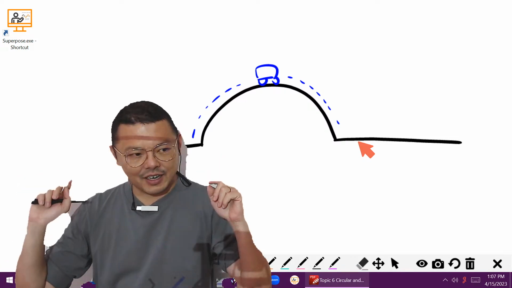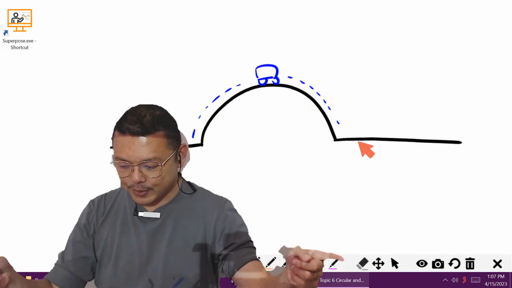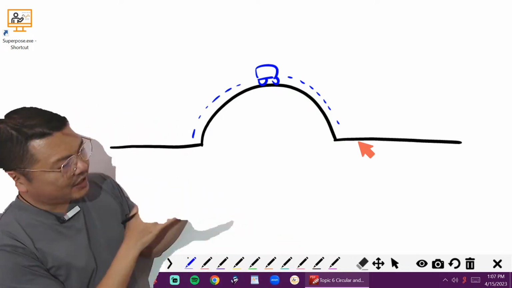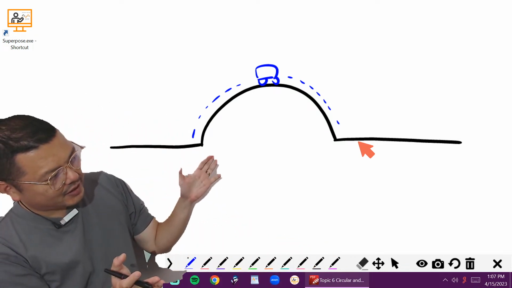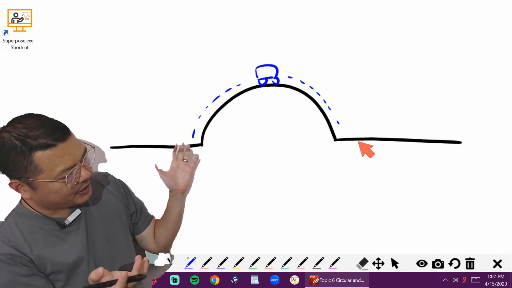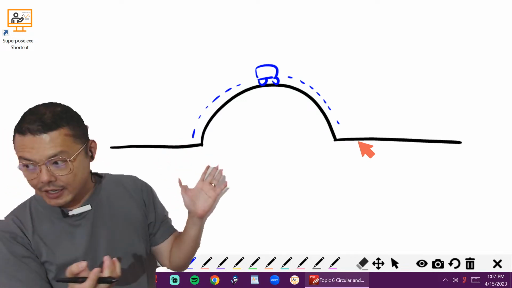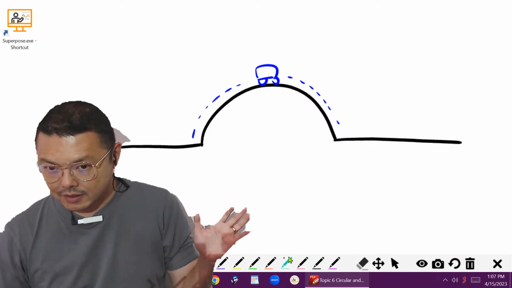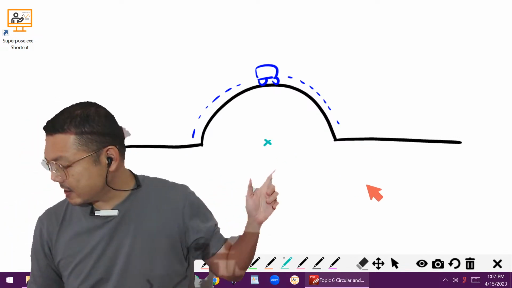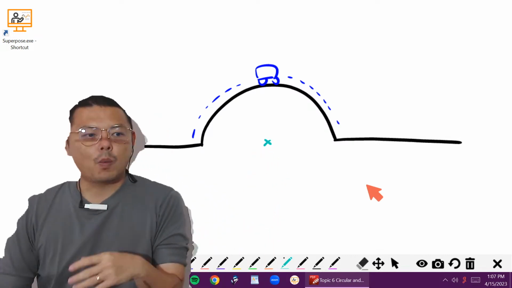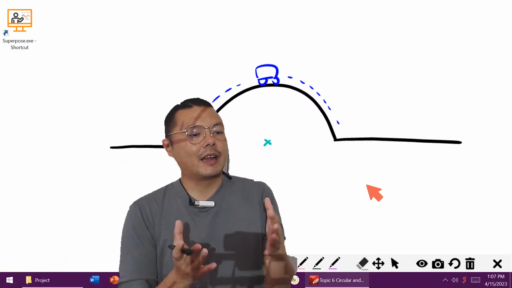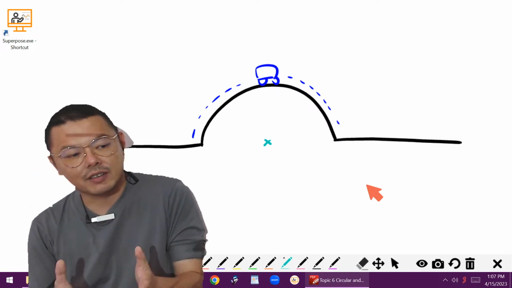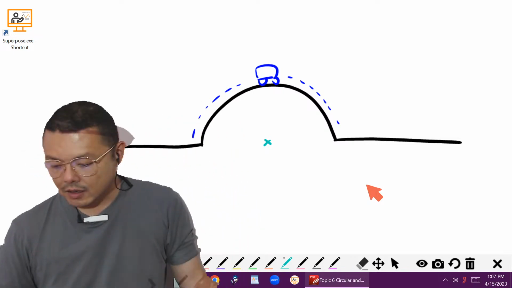Circular motion needs centripetal force. So let's say the car is at the top of this bridge. Where should the centripetal force be pointing? Yeah, it should be pointing down, because where's the center of the circle? The center of the circle is here. But once the car is on top of the bridge like this, what are the forces acting on the car?